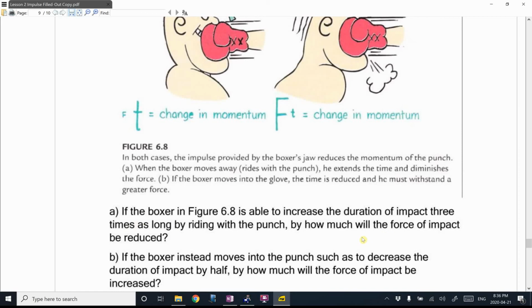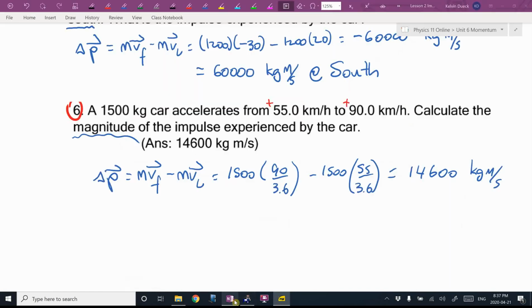So you realize a punch only lasts for a very short time. So a good boxer, if the punch of impact only lasts 1/10 of a second, even if the boxer can double it or triple it to 0.2 or 0.3 seconds, that's huge, because if we make the time 3 times as big, oh, let's copy it.